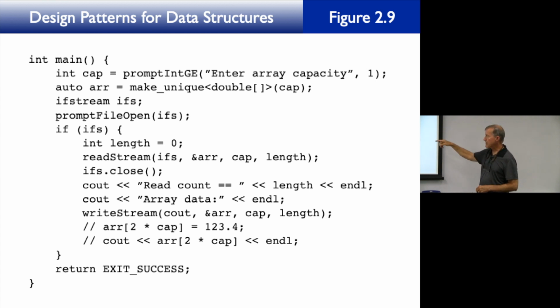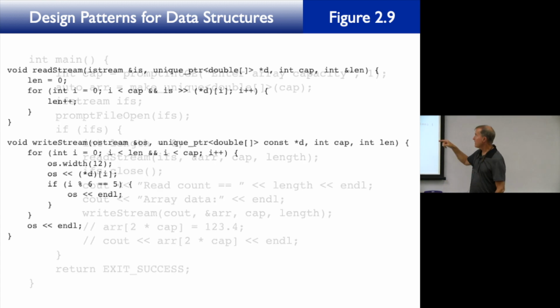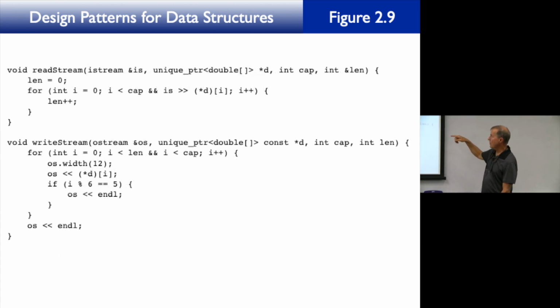Then it reads the numbers from a file into the array and prints them out. Then it deletes the array and returns exit success. Here in figure 2.9 are also the details of how readStream and WriteStream work. I'll demo this for you. So let's demo Array Classic.